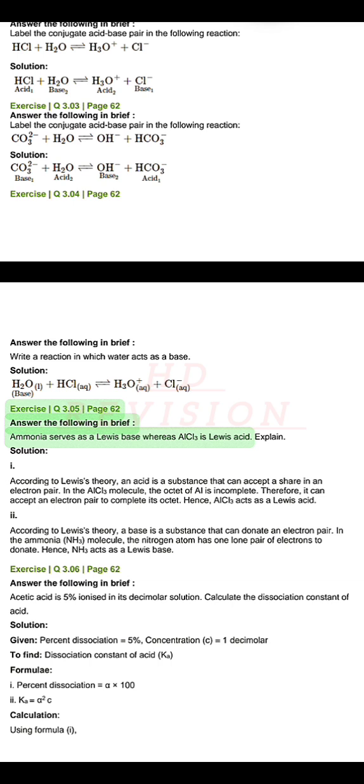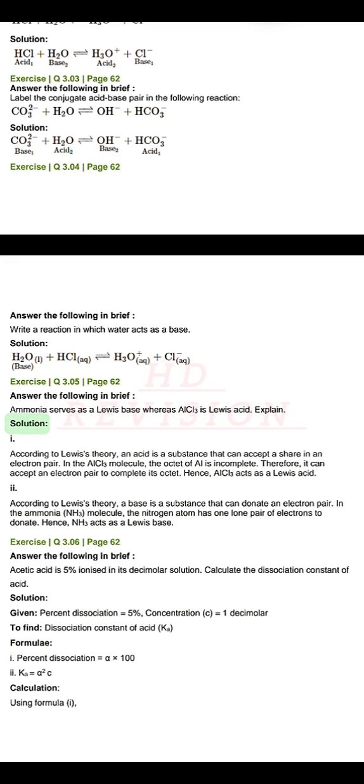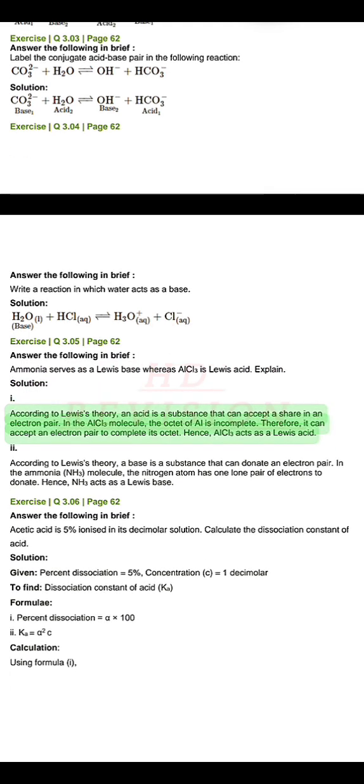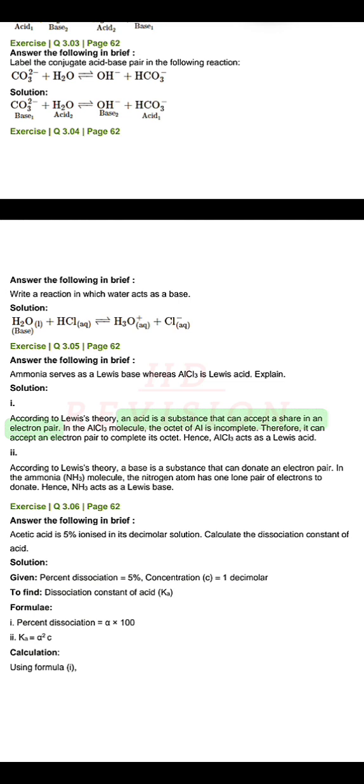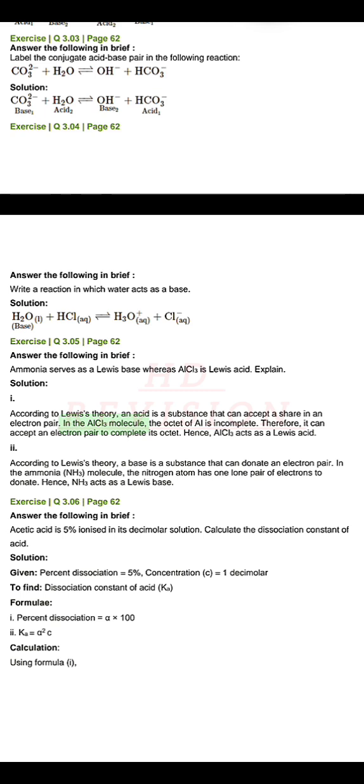Exercise Q3.05, page 62. Ammonia serves as a Lewis base whereas AlCl3 is a Lewis acid. Explain. Solution. According to Lewis's theory, an acid is a substance that can accept a share in an electron pair. In the AlCl3 molecule, the octet of Al is incomplete.